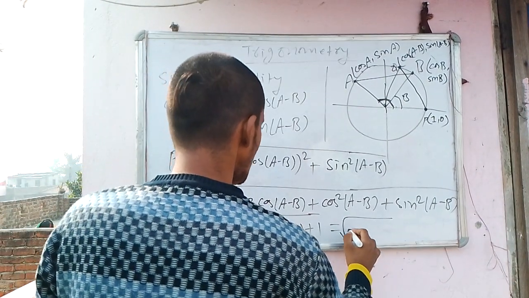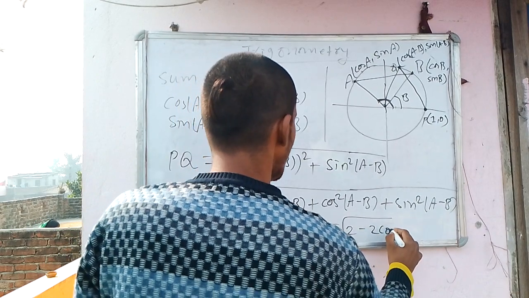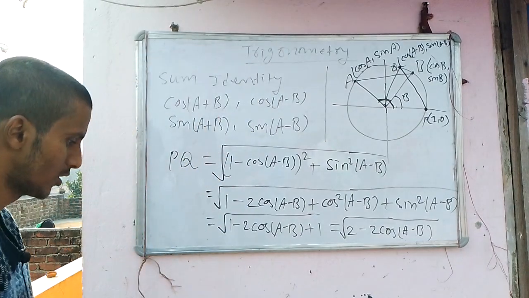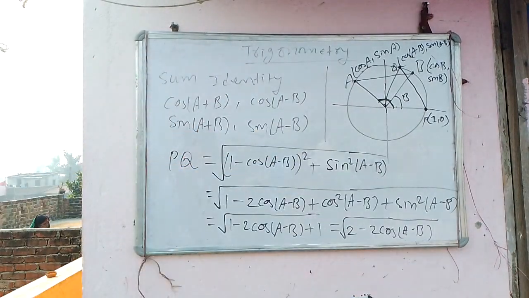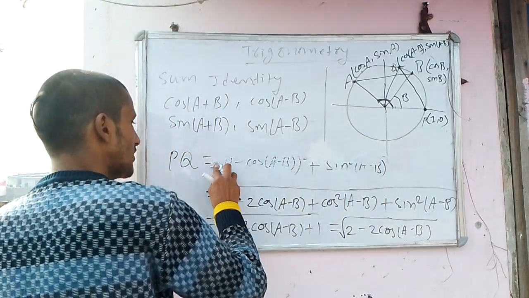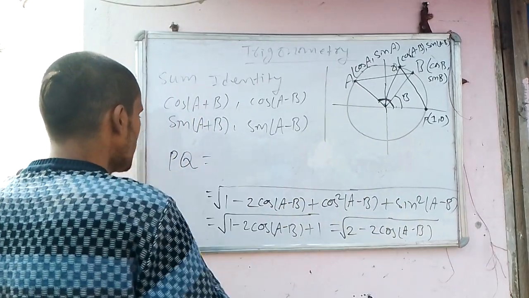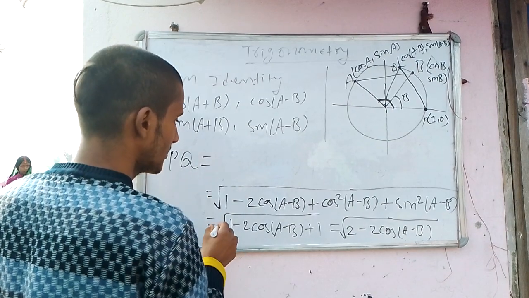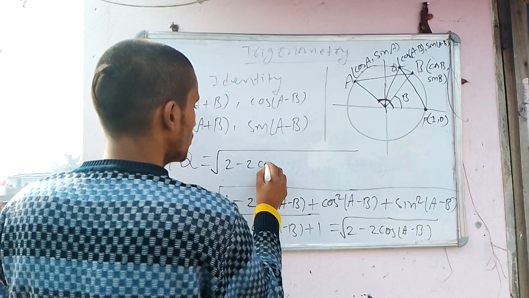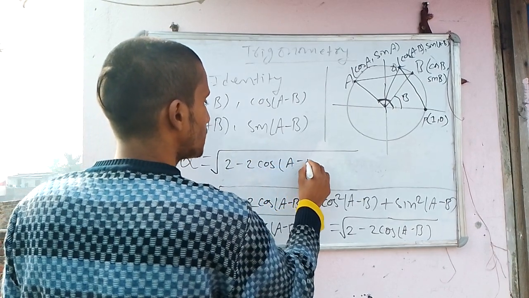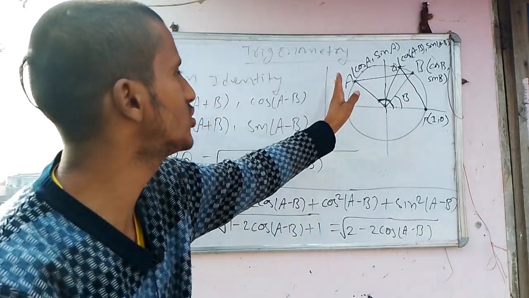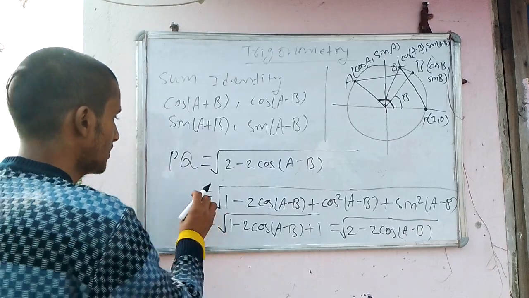So this is 2 minus 2 cosine a minus b. Does it make sense? So finally, after doing the calculations, if you write the final answer, PQ is the square root of 2 minus 2 cosine a minus b. And let's compute the other chord, which is AB. So let's compute AB now.